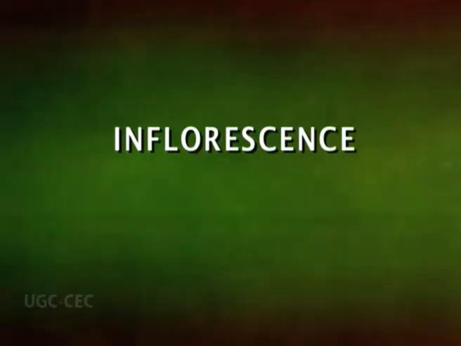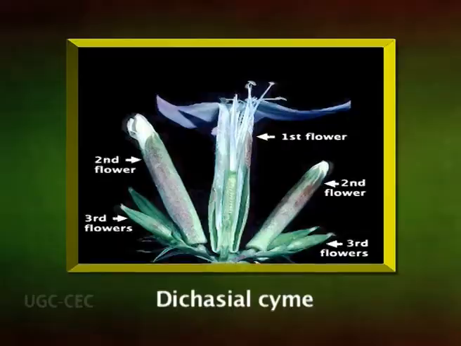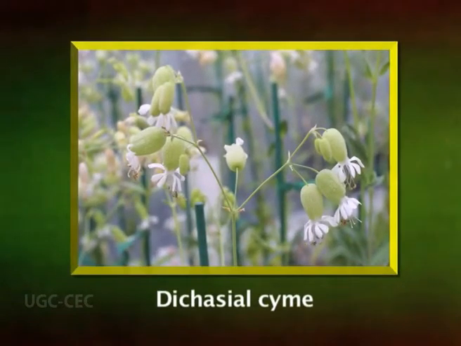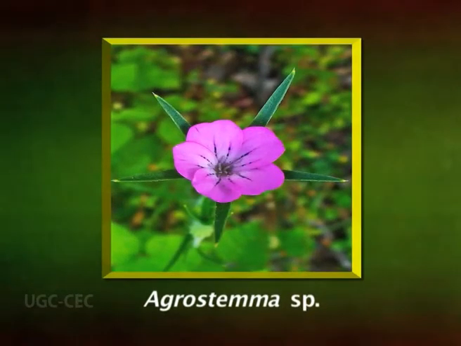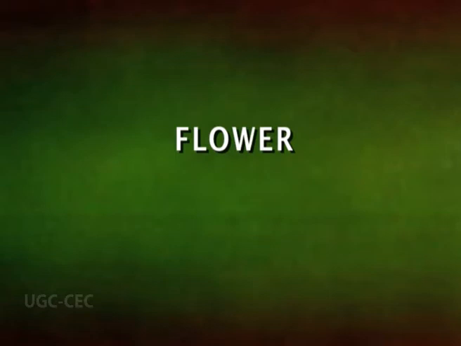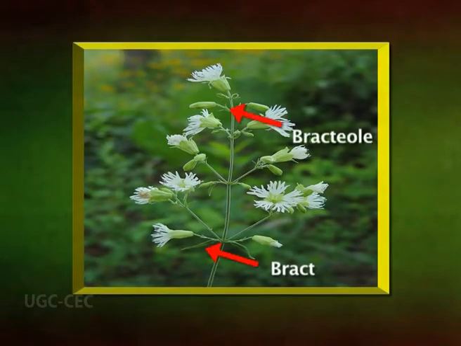Inflorescence in Caryophyllaceae is basically in terminal dichasial cymes, then transforming into monochasial cymes of cincinnous type. Sometimes solitary terminal inflorescence is also present, as we can see in Arenaria and Agrostemma. In Caryophyllaceae, the flower is bracteate, bracteolate, pedicellate or sessile, actinomorphic and usually pentamerous.